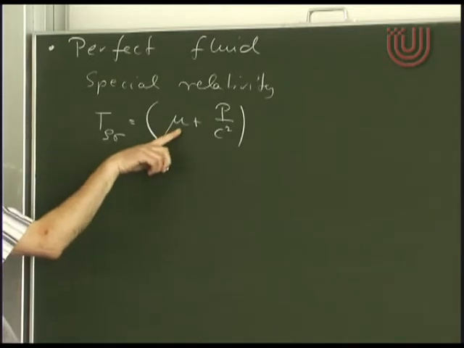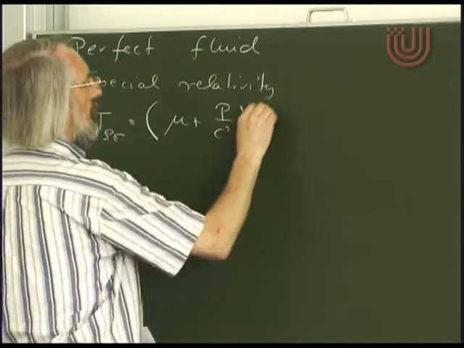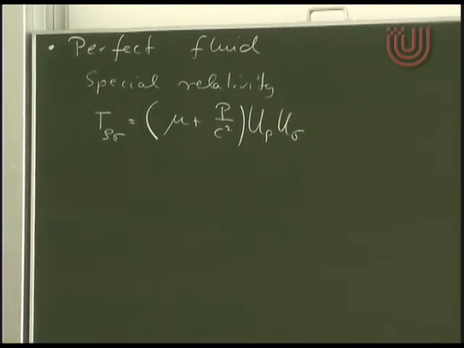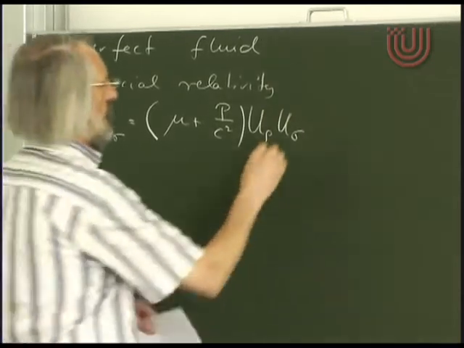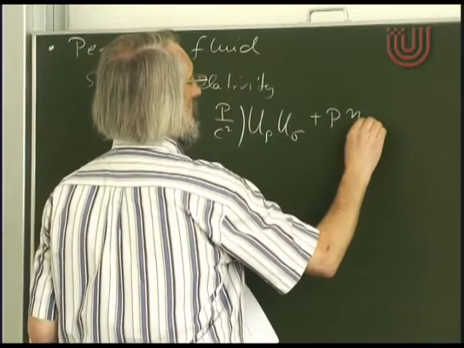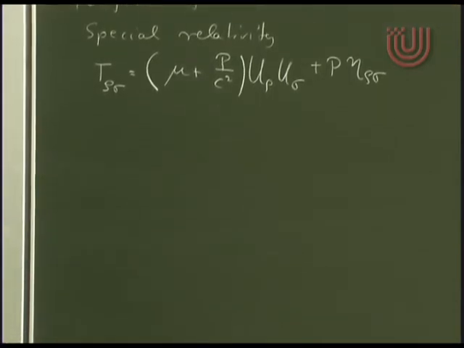That's the mass density, and that's the pressure. These are scalar functions. That's the 4 velocity, u rho, u sigma, and then I have plus p eta rho sigma in special relativity. So that's special relativity in inertial coordinates. That's the energy momentum tensor for a perfect fluid.